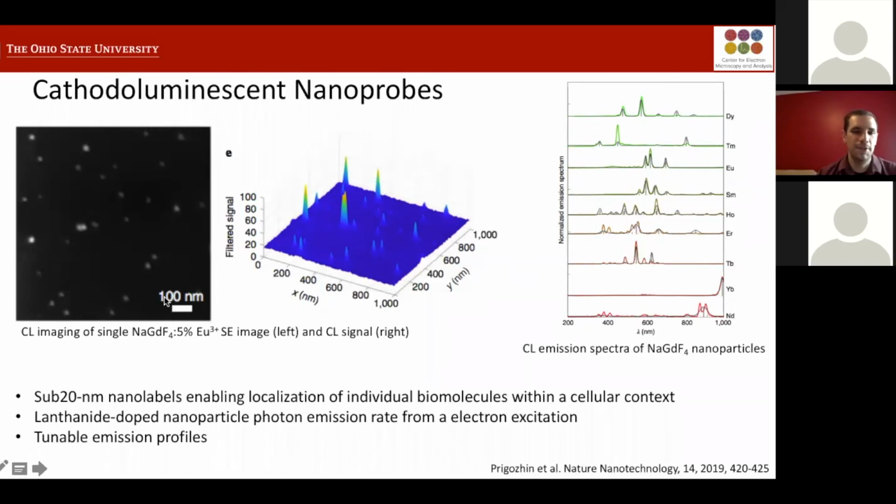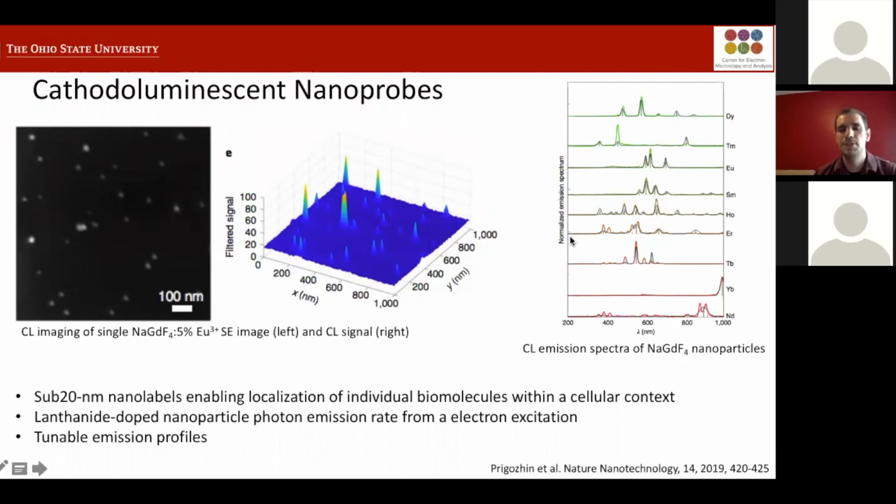So if you can then put some kind of binder on them so that they will bind with a protein, then if you put them in a cell, its cellular matrix, then it could actually bind with those proteins and you could image where those nanoparticles ended up. And the really cool thing that they showed is here you get plenty of signal from these particles that they made, but then also depending on your dopant in them, you get very different spectra.